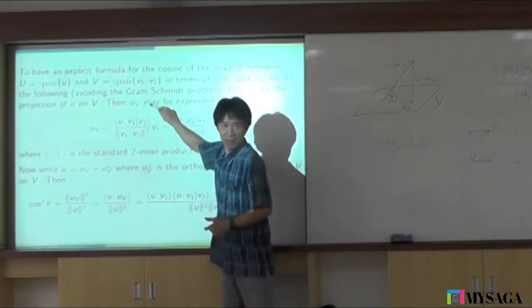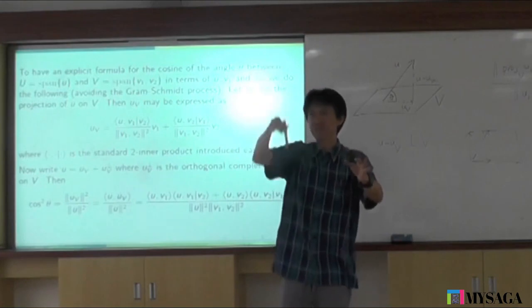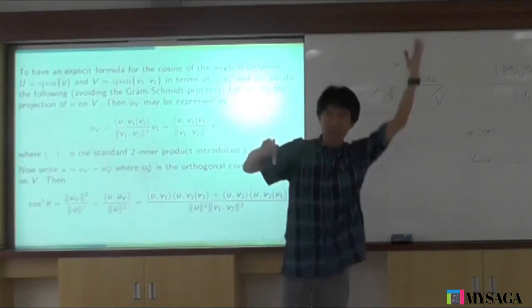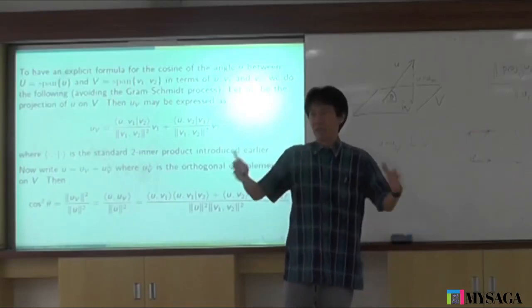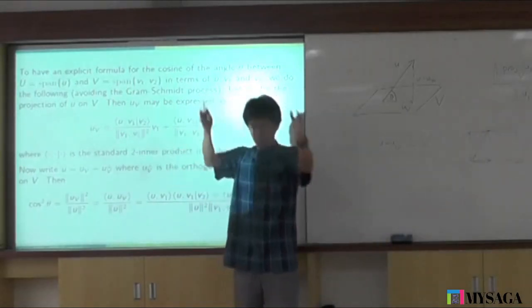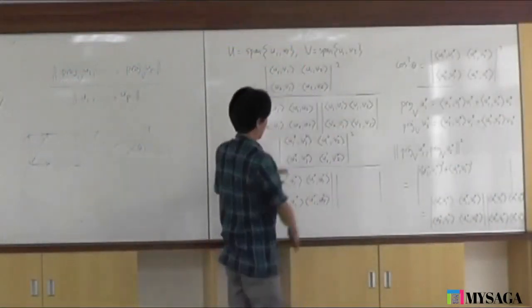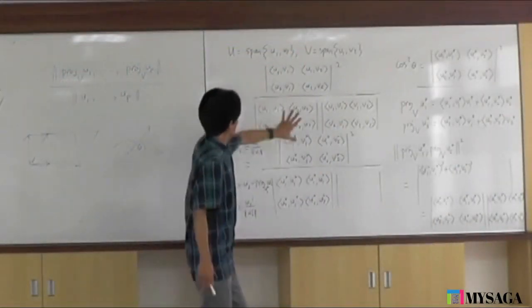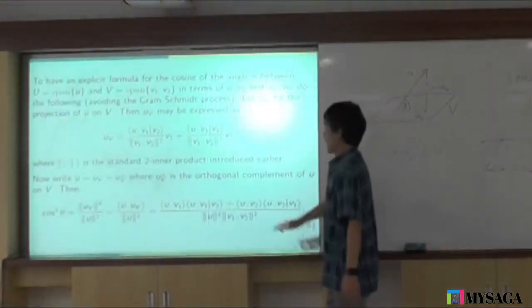This is exactly Cramer's rule. The numerator is the determinant obtained by changing one column with the column from the right hand side, and the denominator is the coefficients. So you see the coefficients, V1, V2, will be there.